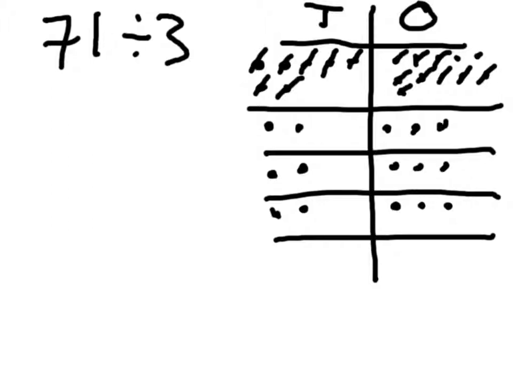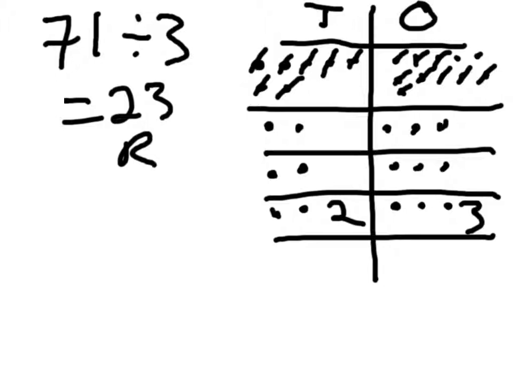The leftover ones are our remainder. We notice that each row has 2 tens and 3 ones, which we can write as 23. So the answer, or quotient, is 23 with a remainder of 2.